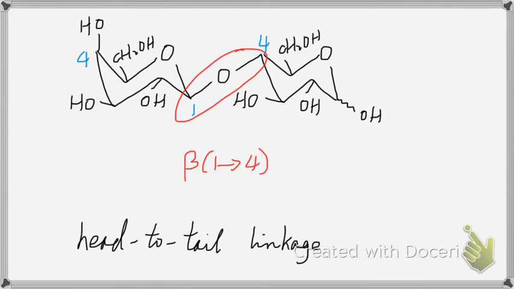So for the first 4 disaccharides that we have talked about so far, the linkage alpha 1,4, beta 1,4, or alpha 1,6, these are all head-to-tail linkage, meaning it's one anomeric carbon reacting with another OH that is not anomeric. So if you consider the anomeric carbon as the head, a non-anomeric carbon will be the tail.